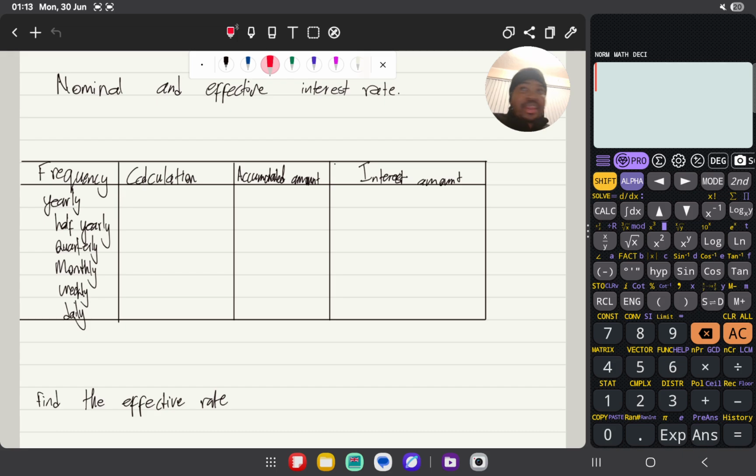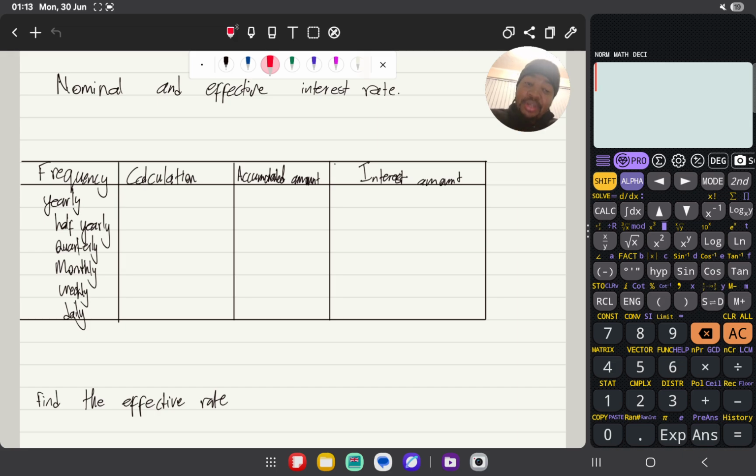In the examples we did together, we didn't see one compounded daily, but we do have such. All of those interest rates, we call nominal interest rates.